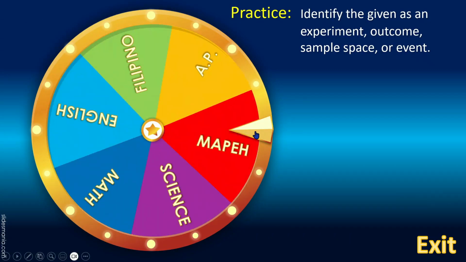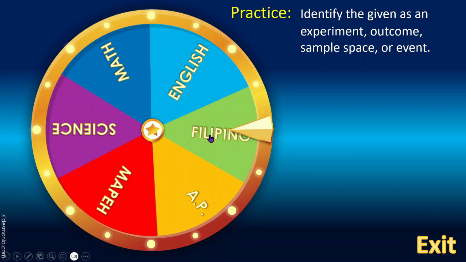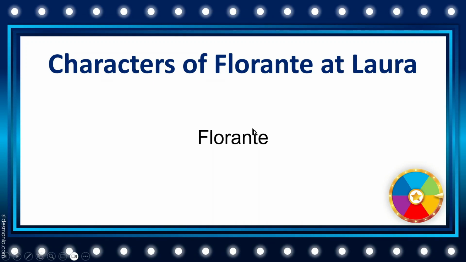Let's try other subjects. For Filipino, if we list all the characters of Florante at Laura and pick one and got Florante, we call Florante as what? It is also an outcome because it is only one out of the many possible outcomes in choosing characters of Florante at Laura.